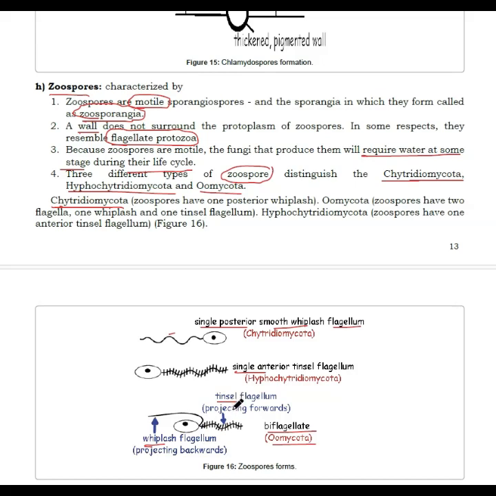So these were all about the asexual spores of the fungus. In the next class we will study about the sexual spores. So what we studied today, let's recall once.